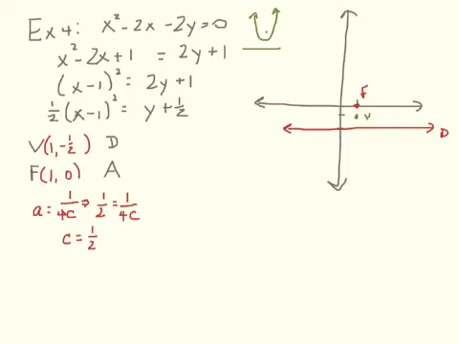My directrix is a horizontal line, so that is y is equal to, and it's down at -1 because I dropped down 1/2. Each one of my little lines here is representing a 1/2 unit. And then my axis of symmetry goes right down the middle, and it goes through the x-coordinate of the vertex.